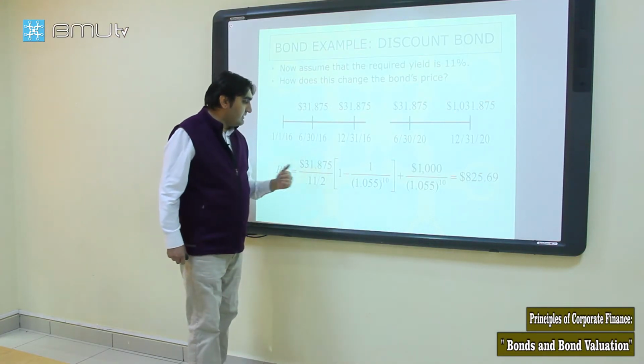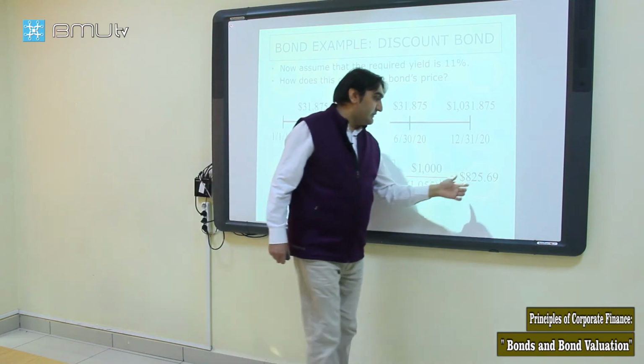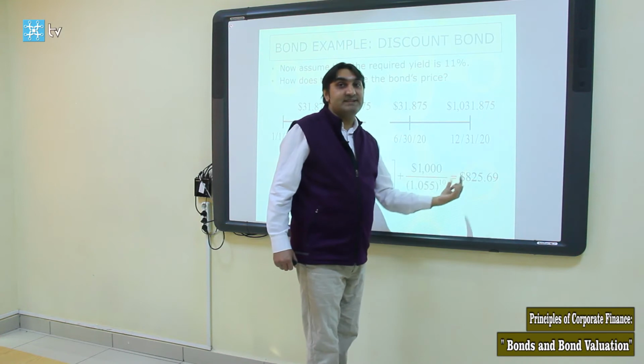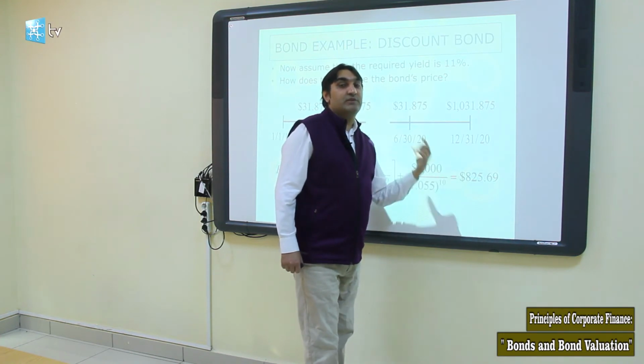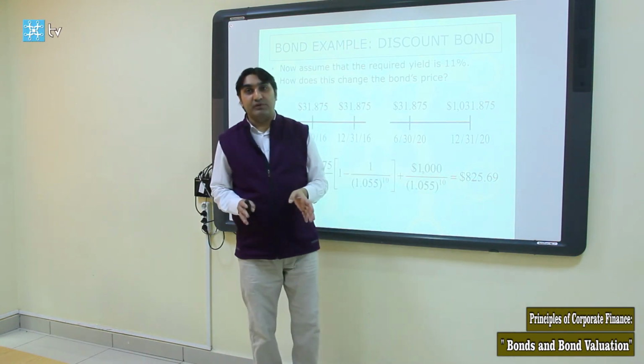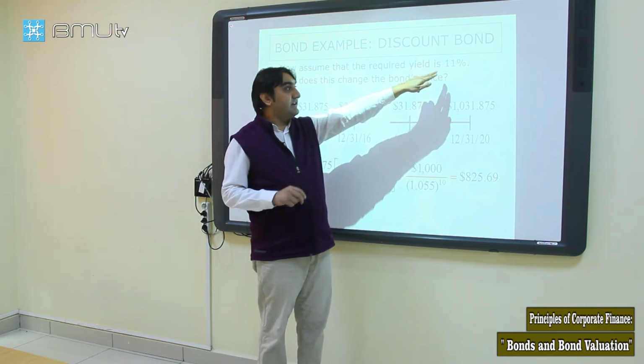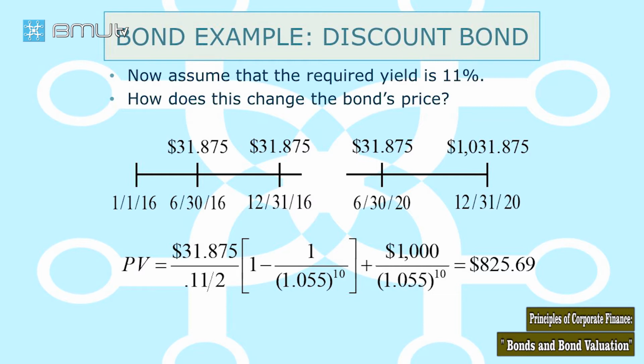Half of 11%, we get $825.69. You see, it's less than face value. So we call this type of bond a discount bond. When the required rate is higher than the coupon rate, the bond price goes below face value.